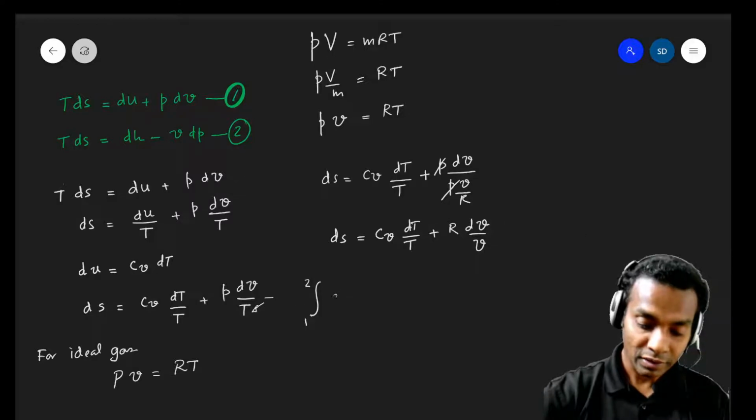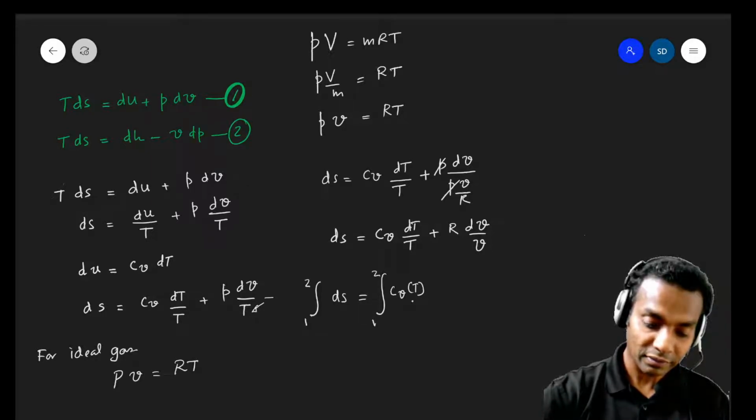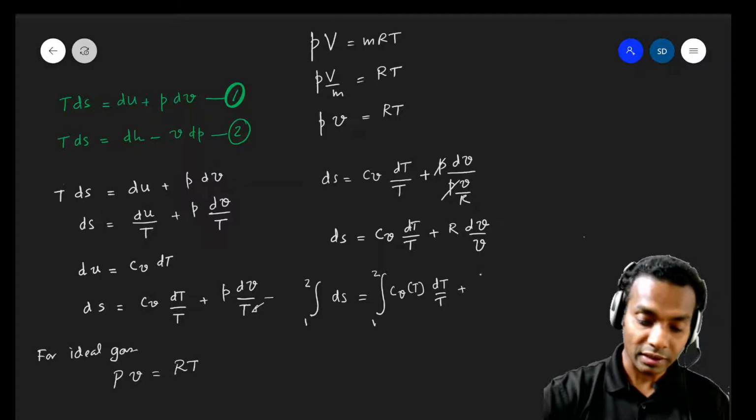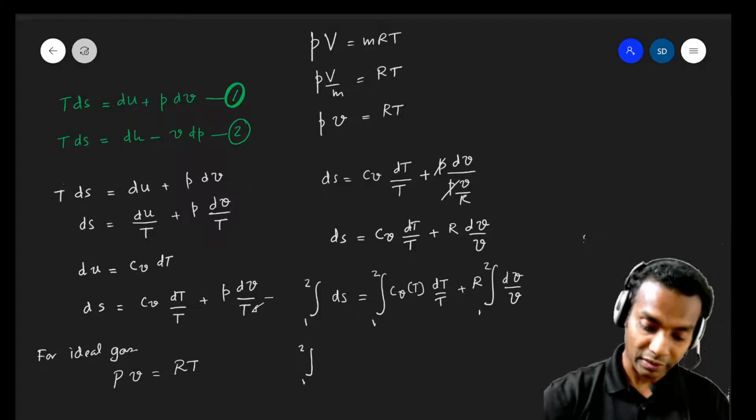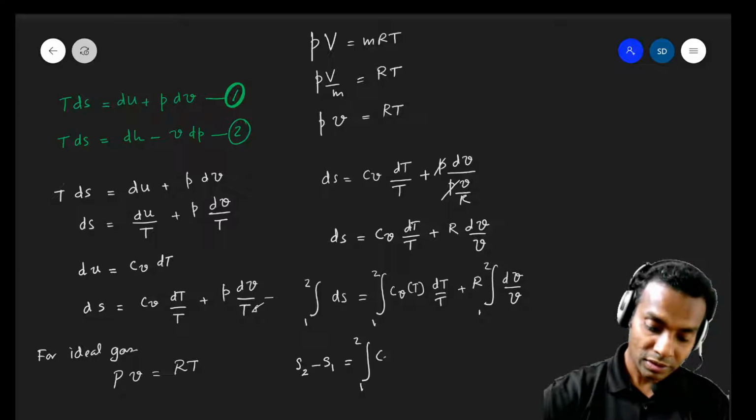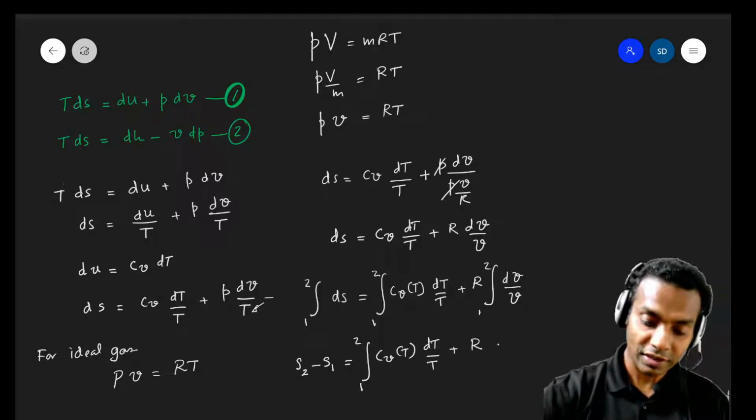Integrating from 1 to 2, ds equals the integral from 1 to 2 of cv, a function of T, dT over T, plus R, which is a constant, so we can put R outside, times the integral of dv over v. So S2 minus S1 equals the integral from 1 to 2 of cv(T) dT over T plus R natural log of V2 over V1.